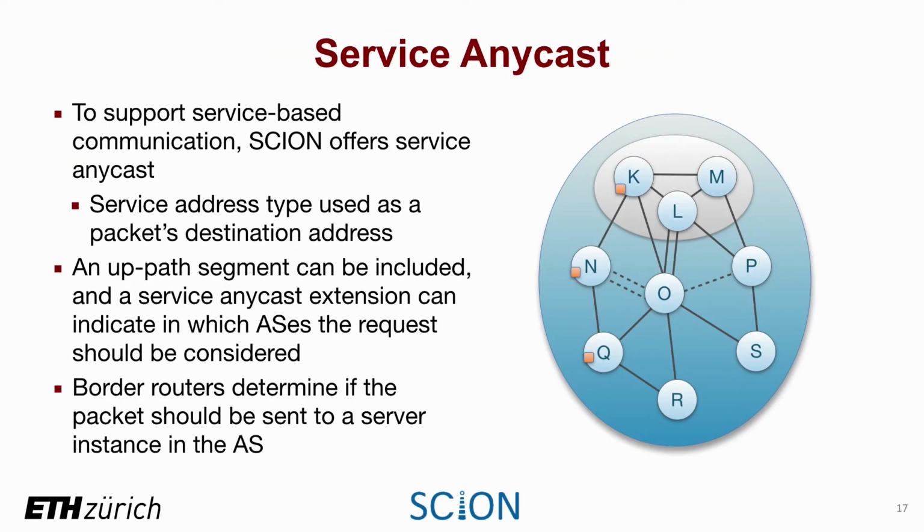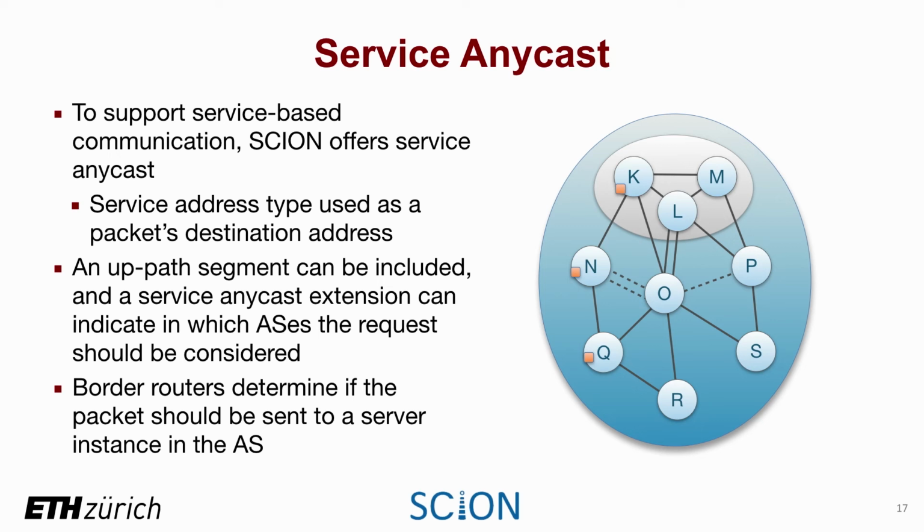SCION also supports a service Anycast infrastructure to support service-based communication. In service Anycast, a service address type is being used as a packet's destination address, and such a service Anycast message will traverse an up path segment that the source can include, and then each AS on the path up to the core can inspect this service Anycast message.